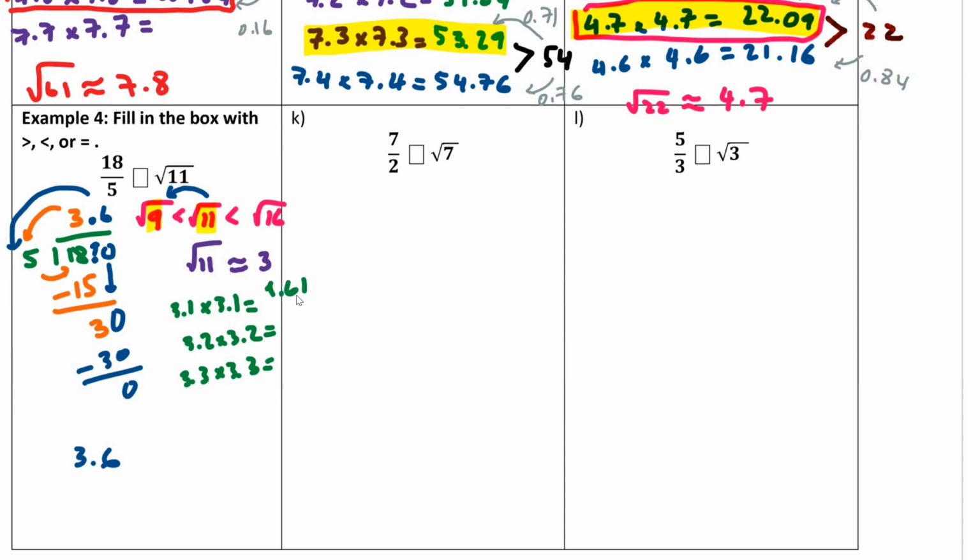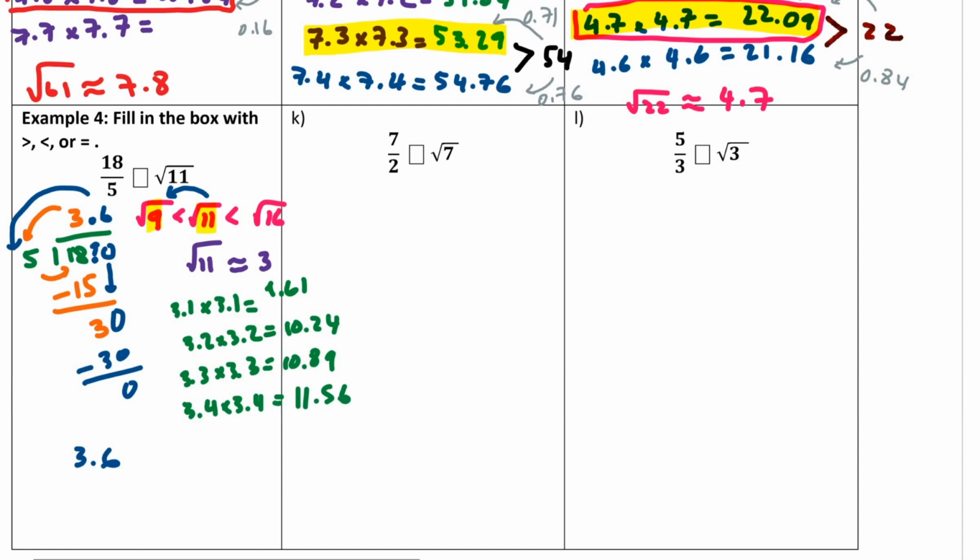Okay. 3.2 times 3.2 is 10.24. 3.3 times 3.3 is 10.89. 3.4 times 3.4 is 11.56.